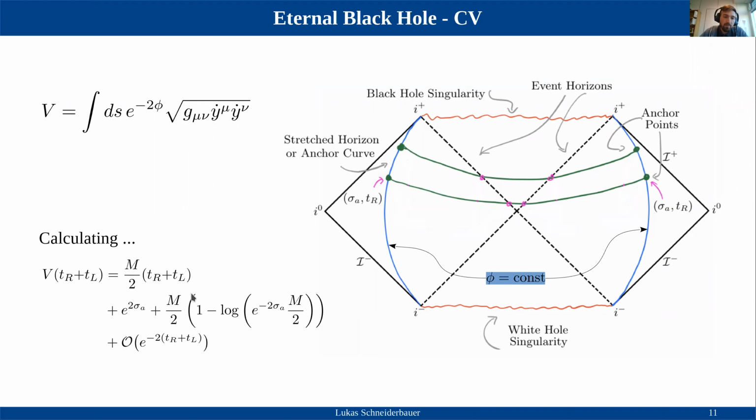There is one term which is linear in this time: m/2 times (T right plus T left). Then we have some constant, which obviously depends on where this anchor curve is, because if I move this anchor curve further to the left, then the volume might become bigger. And then we have some contribution that is not relevant if you consider late time behavior.